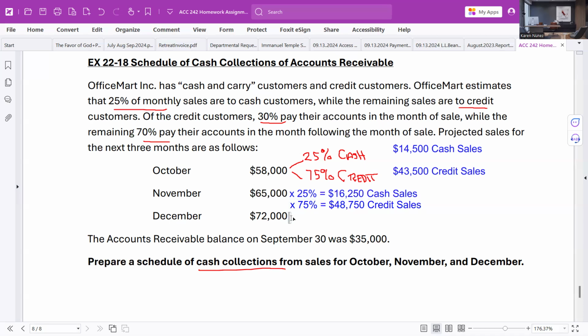And same thing here. When we multiply times the 25%, we're going to get the cash sales of $18,000. And when we multiply times the 75%, we're going to end up with credit sales of 54,000.